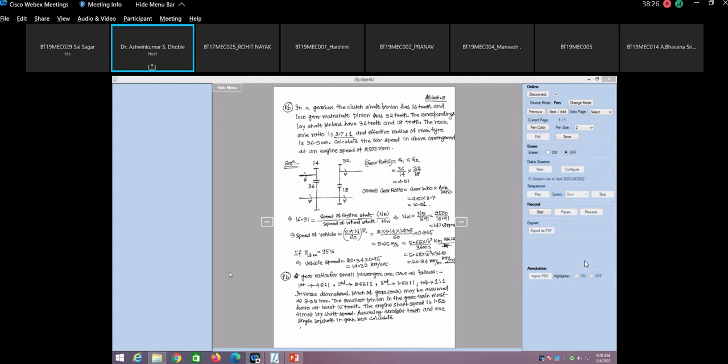पहले तो उसने पहला ये दिया, center distance between the main shaft and lay shaft.